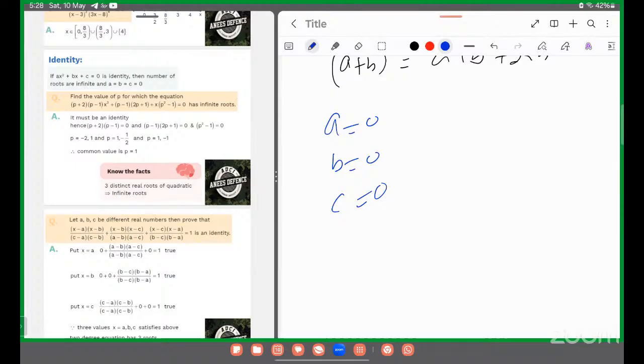That means it is an identity. For a quadratic equation it will satisfy only for 2 values. If it satisfies for more than 2, it is an identity only. That is a point we have to note. If there are 3 distinct real roots, then it is not a quadratic equation. There will be infinitely many roots because it is an identity.